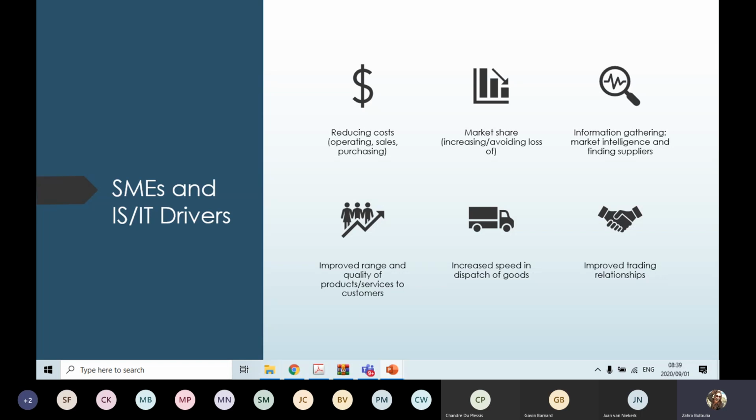Increase speed in the dispatch of goods. So this would obviously make sense, because if Fred's Footwear were doing their own dispatch of goods, from the time the customer does a transaction to the time it's delivered to their door, it would make things a lot easier for the customer to actually purchase their goods, because remember, they are based in the Eastern Cape.